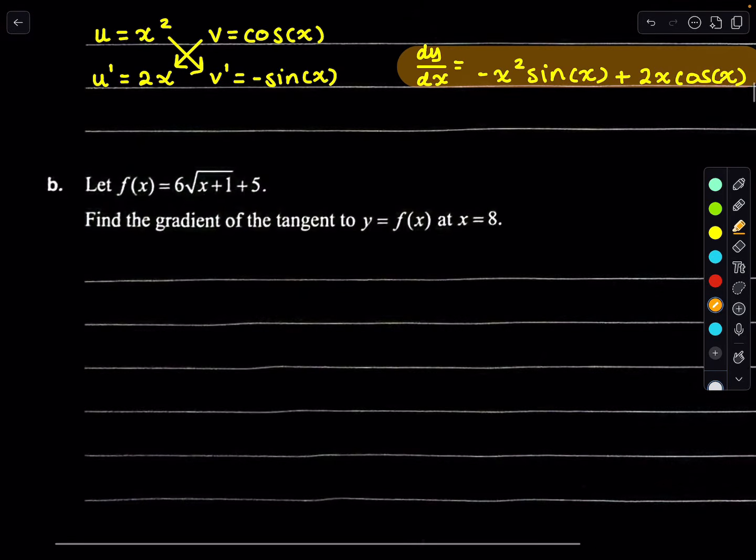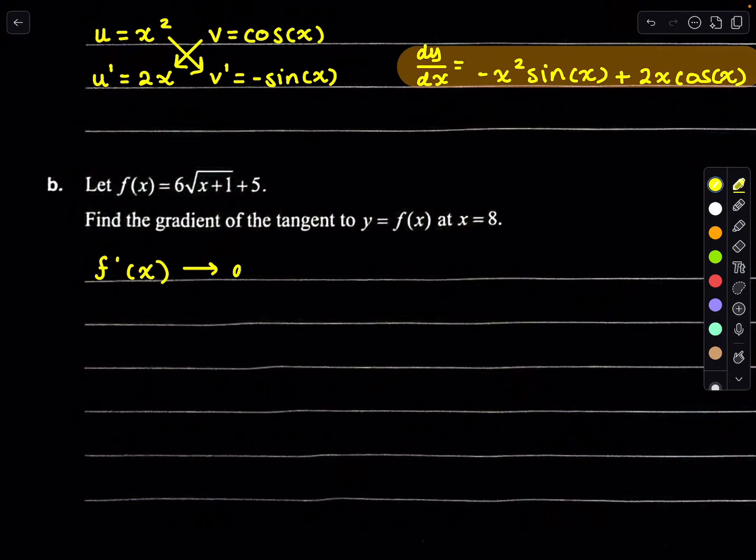Question B, it says let f of x be this function. Find the gradient of a tangent to f of x at x equals a. Okay, so let's just understand what's happening here. They're telling us to first find the gradient of a tangent. Now, the gradient of any tangent is known as f dash of x. When you have a function and you derive it, this represents the gradient.